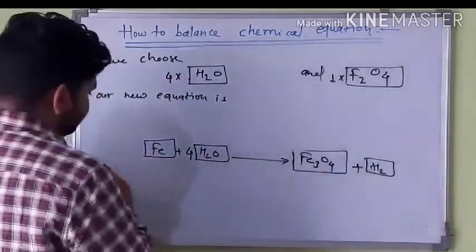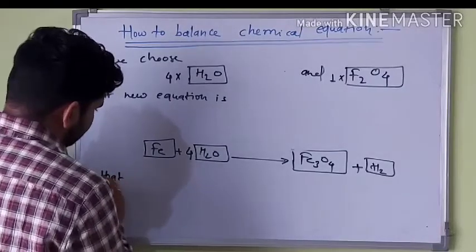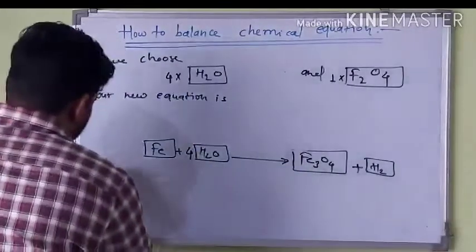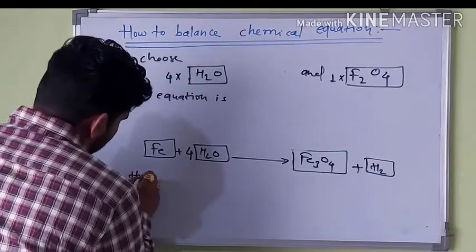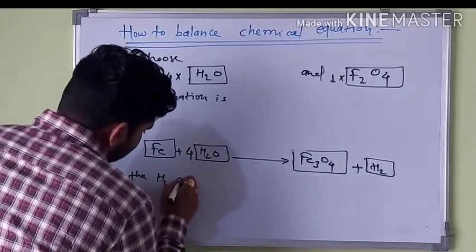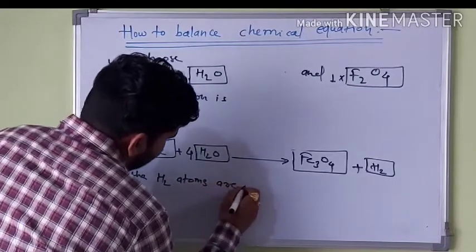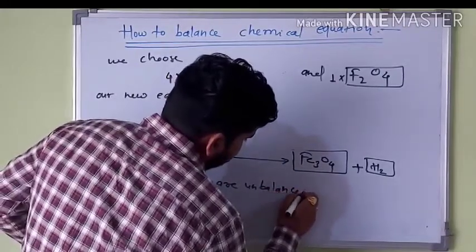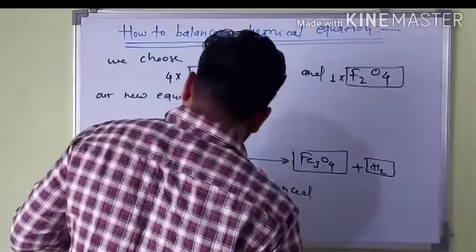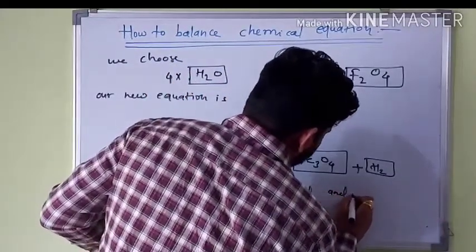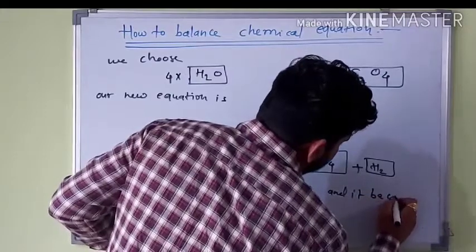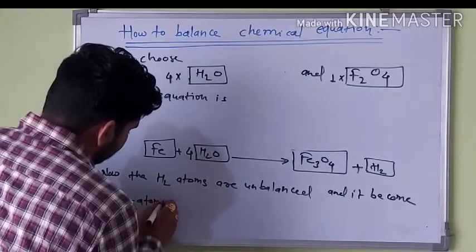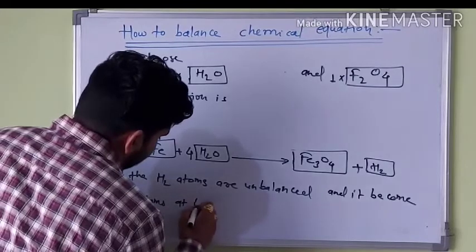Now the hydrogen atoms are unbalanced, and it becomes 8 atoms on the LHS.